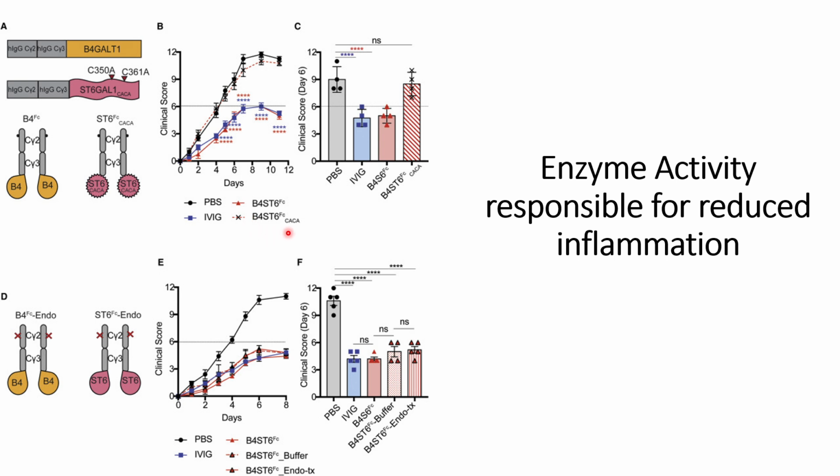And one more thing that they have checked is that this mutated ST6-Gal1 Kaka has reduced enzyme activity, but it does not affect the sialyltransferase function of this enzyme, and these results have been shown in the supplemental figures.